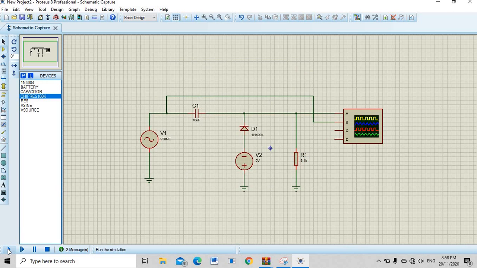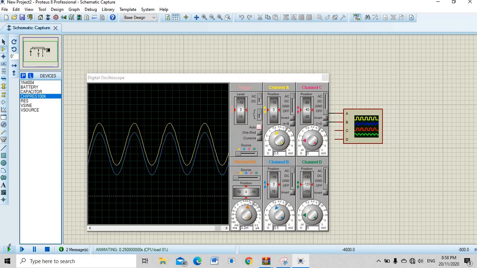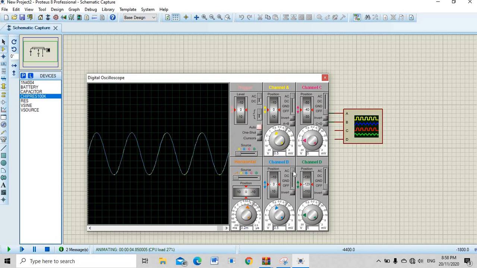Let's run the simulation. We see the input first. As we can see, the input is moving and has an amplitude of 1.5, and V peak to peak is 3. Then let's see the output.